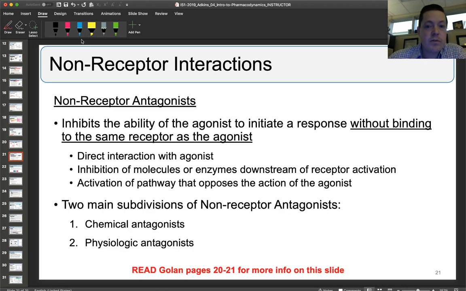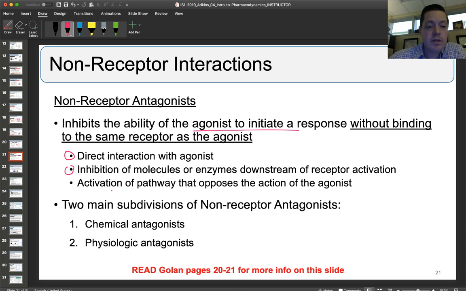Now, for non-receptor interactions, we didn't have a lot of time to discuss this, but I'm not going to cover it too much, but I do want you to know what they are and provide a couple of examples. These are ones that basically inhibit the ability of the agonist to initiate a response, okay? But they don't necessarily bind to the receptor, okay? They can basically interact directly with the agonist itself, or they may basically inhibit some molecules or enzymes that are downstream of that receptor if that receptor was activated, okay?